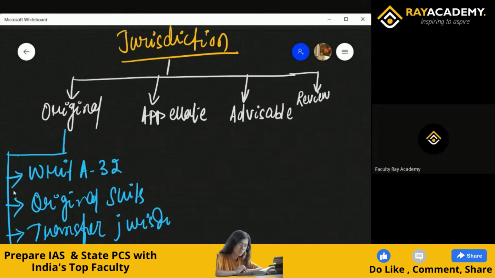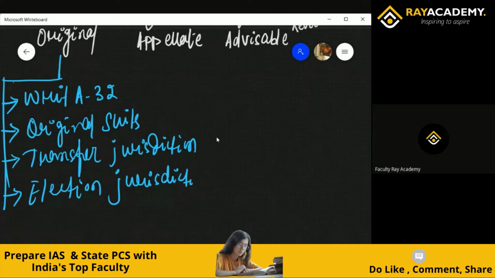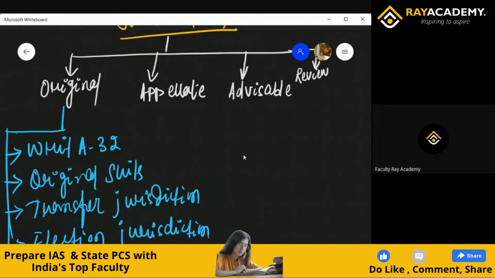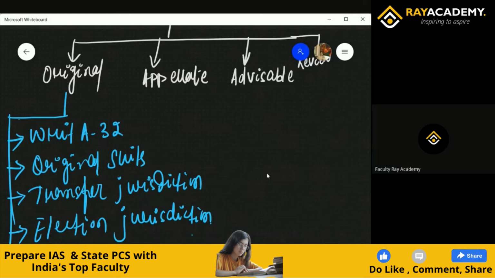Then the next one is election jurisdiction. ठीक है. So what are these jurisdictions? Original, appellate, advisory, and review. Under the original there are further four: writ, original suits, transfer jurisdiction, and election jurisdiction.